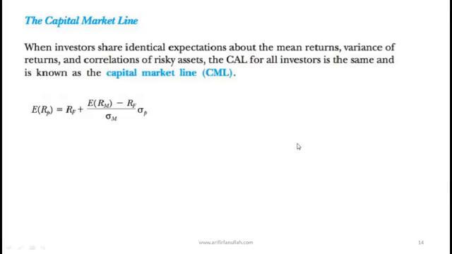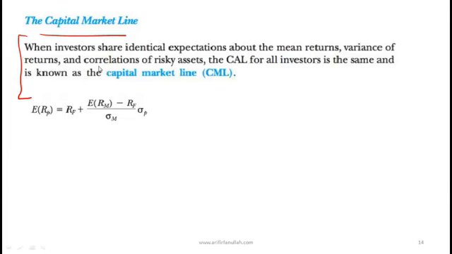Now some of you who took Level 1 more than a year ago, at that time in the Level 1 course they just talked about the CML, they didn't talk about the CAL. So if you did this a while back, the CAL will be somewhat new to you. Just take this statement and it will help you understand the difference.